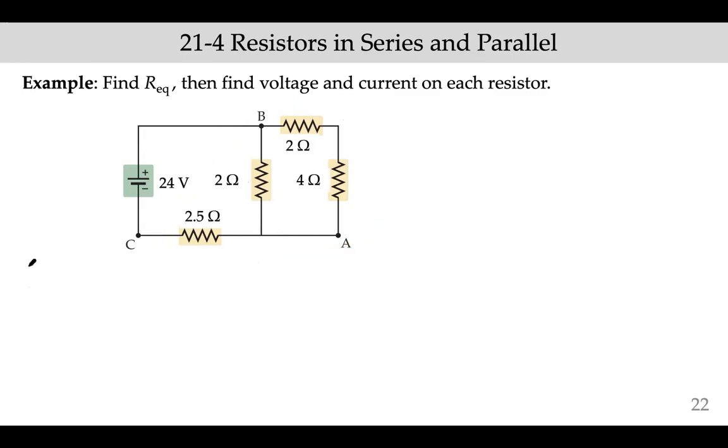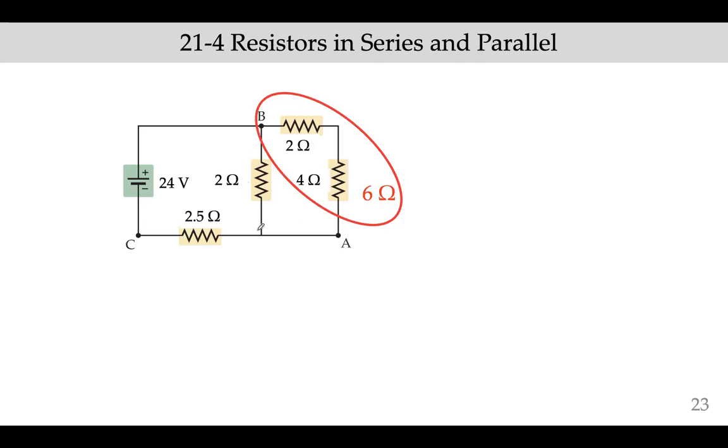So let's start. The first thing you would do is start from here because they're in series. You would calculate the equivalent resistance, which is 6 ohms. So you have this 2 ohms, now connected in parallel to this 6 ohm.